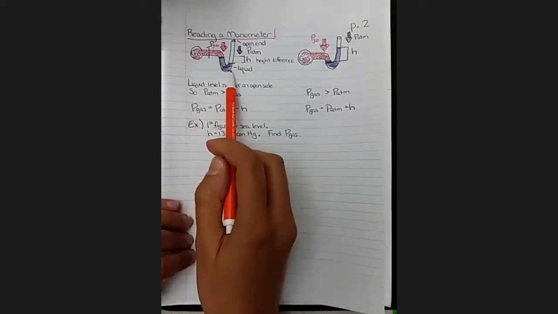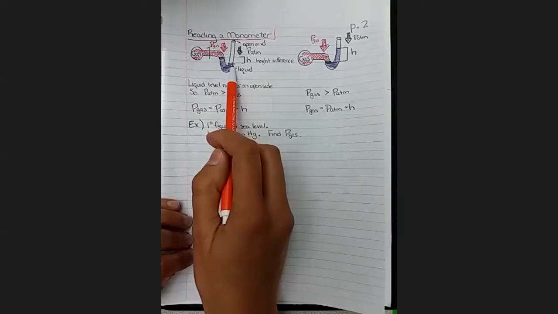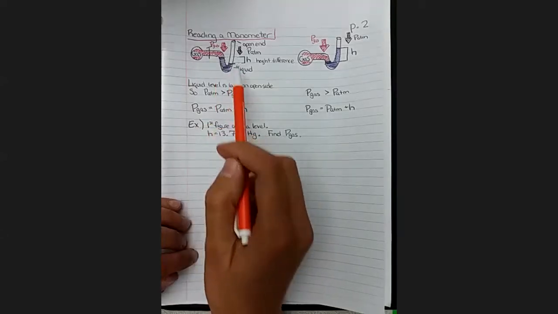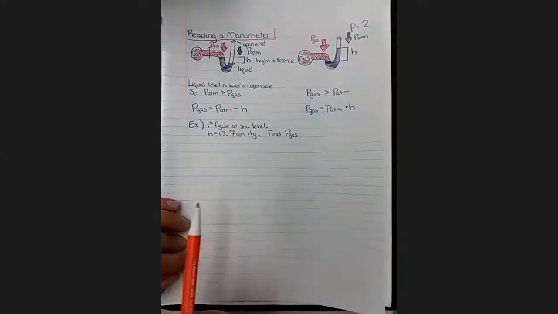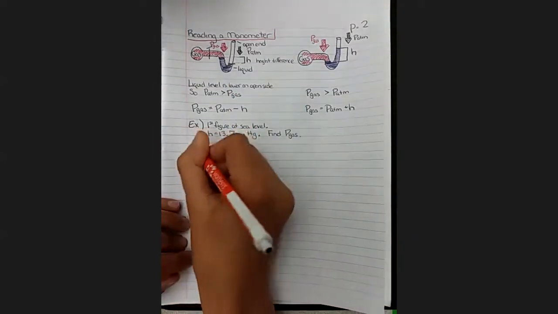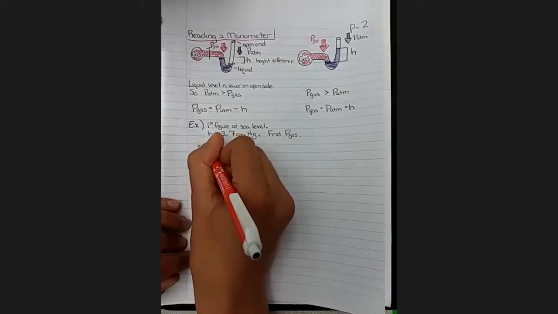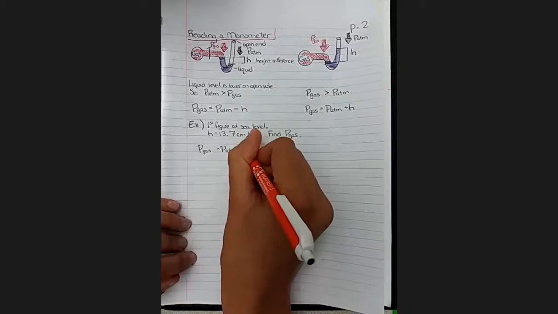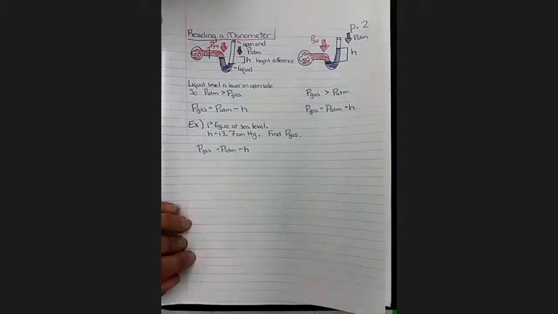So in the first picture, we can see that the atmosphere is pushing down harder than the gas. So the atmosphere number is going to be bigger, so we need to subtract the height from the atmosphere number. So larger atmosphere minus height gives us smaller gas pressure.